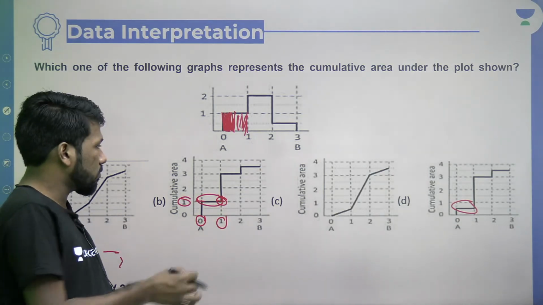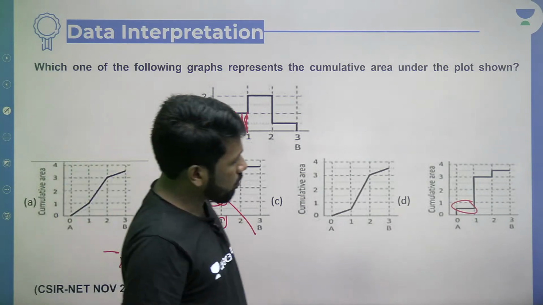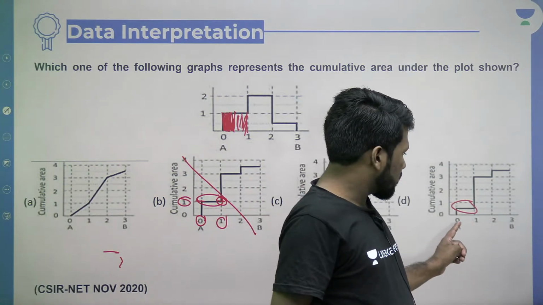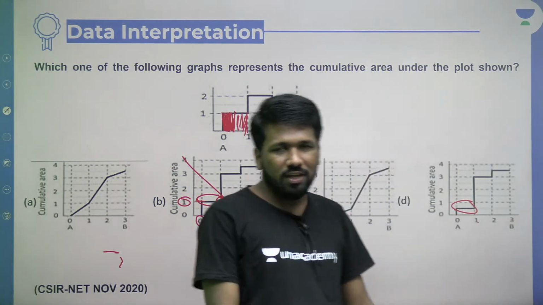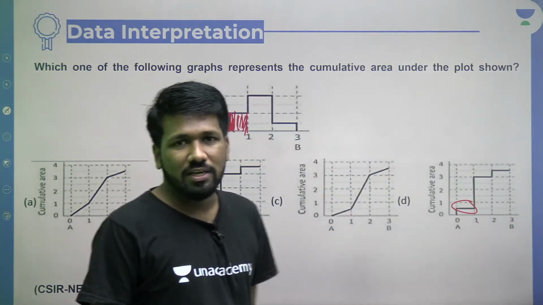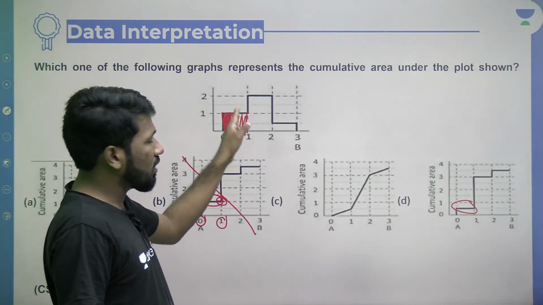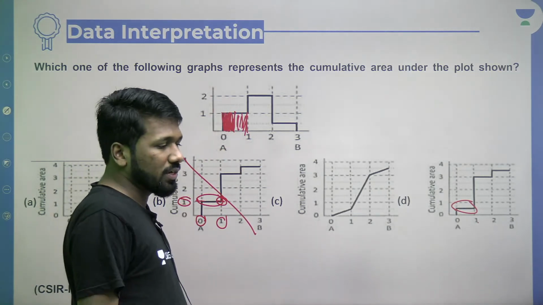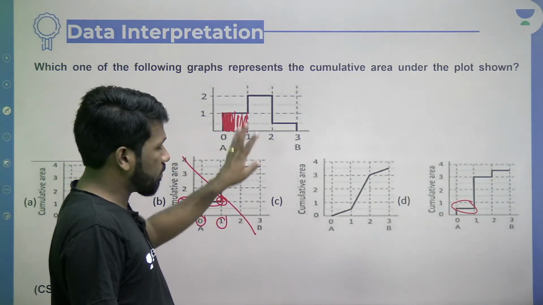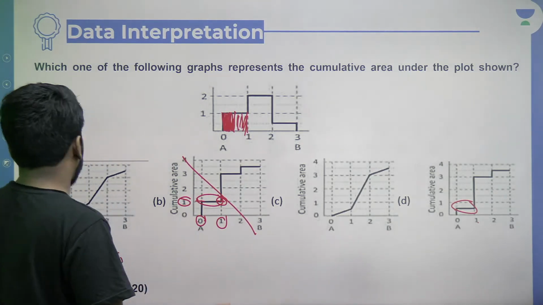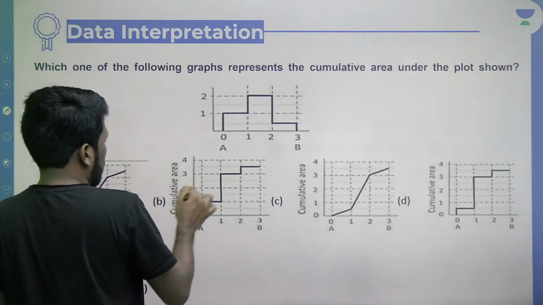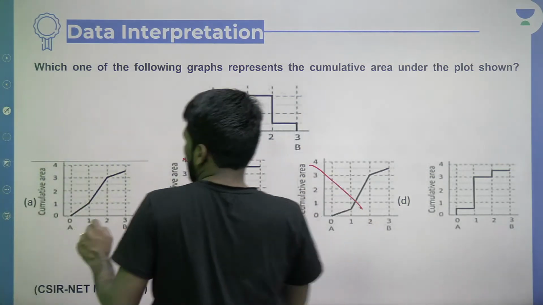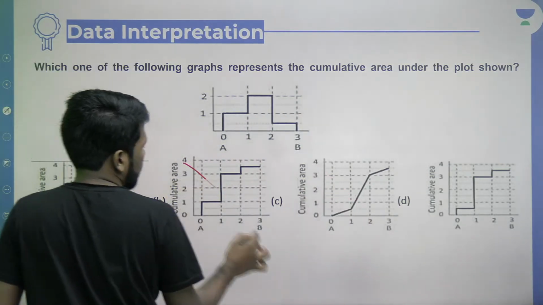That is wrong for sure. Same problem with option D also. At 0 it is half, at 1 it is half. First of all, at 1 it should not be half, the area at 1 should be 1. When the point is reaching 1, the area covered is 1 square 1. The geometry aspect also you can involve to understand it properly. I hope this much is clear. That is why these two options are eliminated. Sorry, option A and D are eliminated.